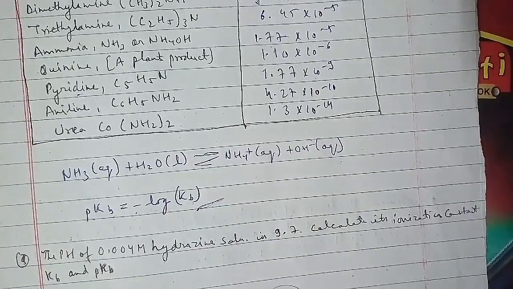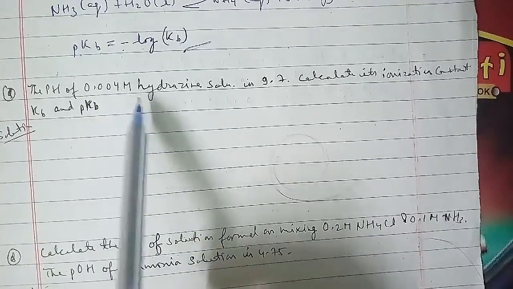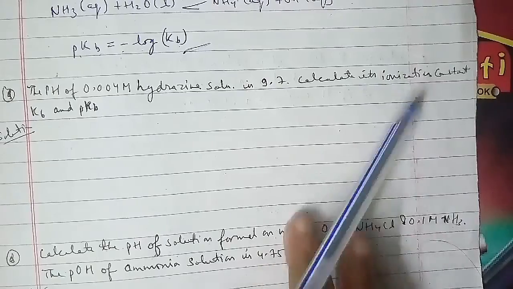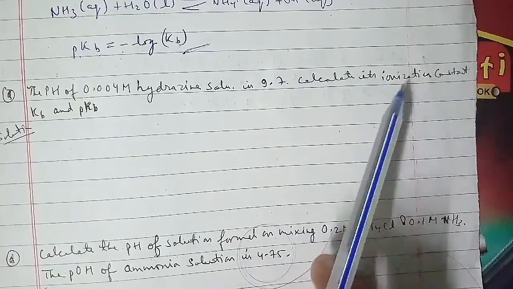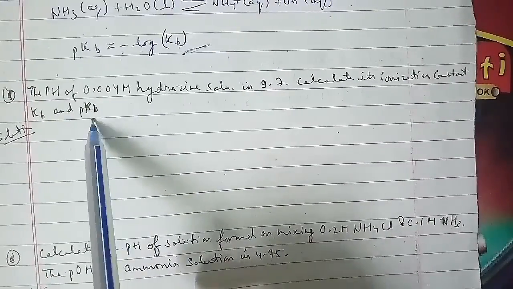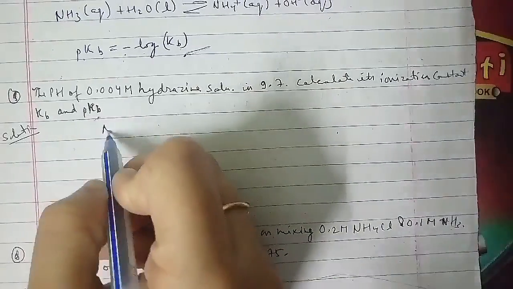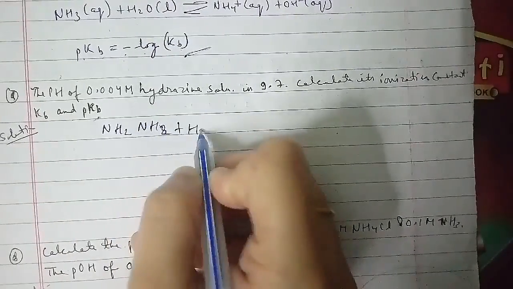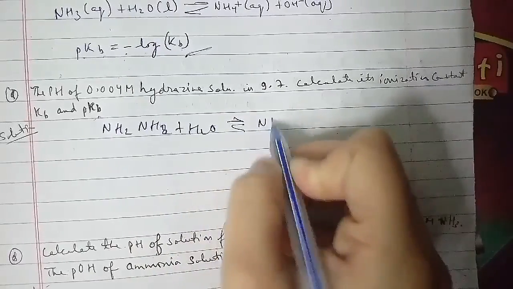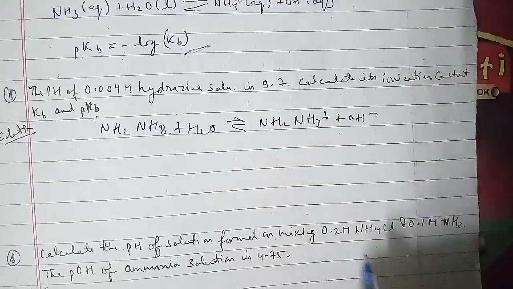0.004 here. With regard to this, Kb equals NH2NH3⁺ times OH⁻ upon NH2NH2, that is (5.98 × 10^-5)² upon 0.004, which gives 8.96 × 10^-7, where pKb is minus log Kb.